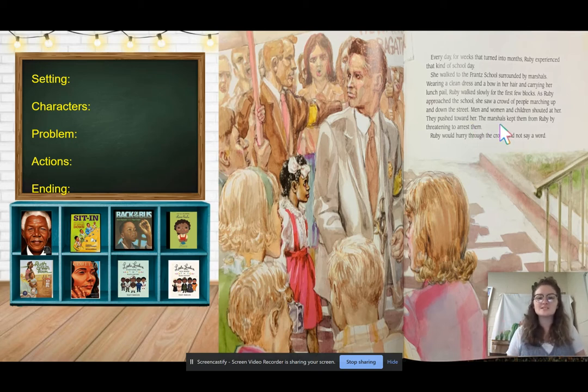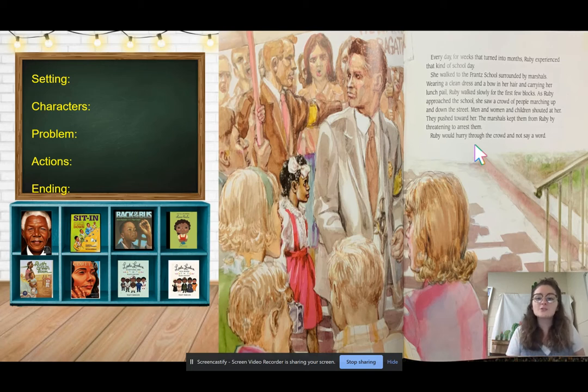What do the marshals do? What are the actions of the marshals on this page? Tell me in the puzzle, what actions are the marshals doing? It says the marshals kept them from Ruby by threatening to arrest them. So they were protecting Ruby, and they were going to tell the angry mob that if they didn't stop, they would be arrested.